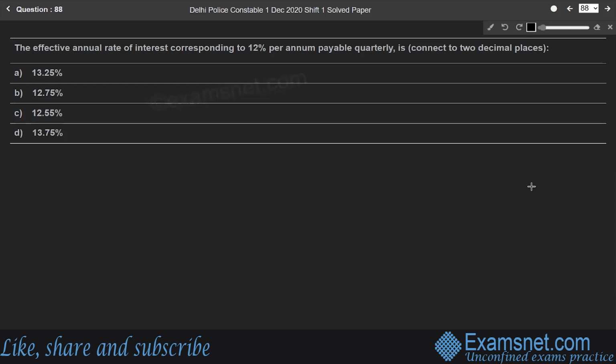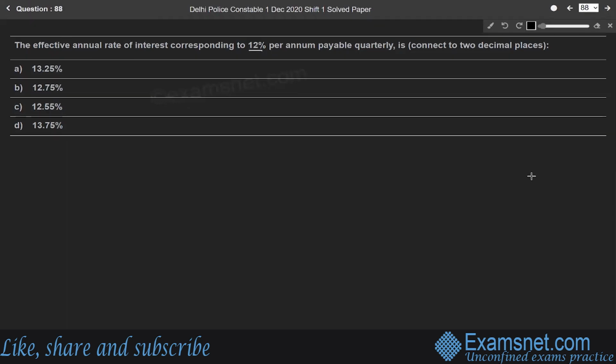Question 88. The effective annual rate of interest corresponding to 12% per annum payable quarterly is. So here, given rate of interest is 12%. We have to find the effective annual rate of interest.